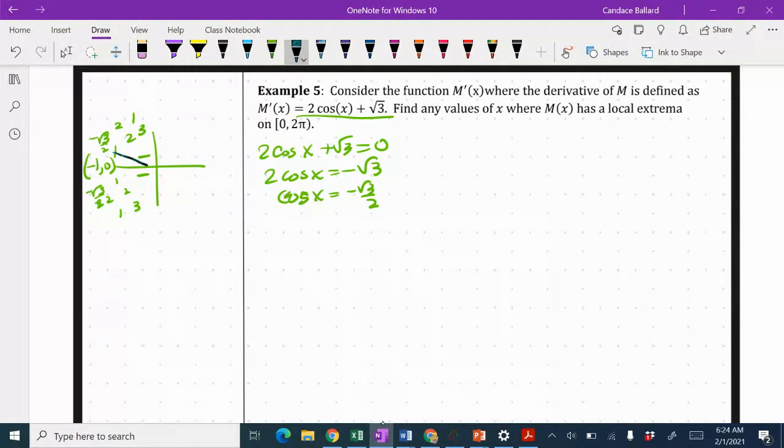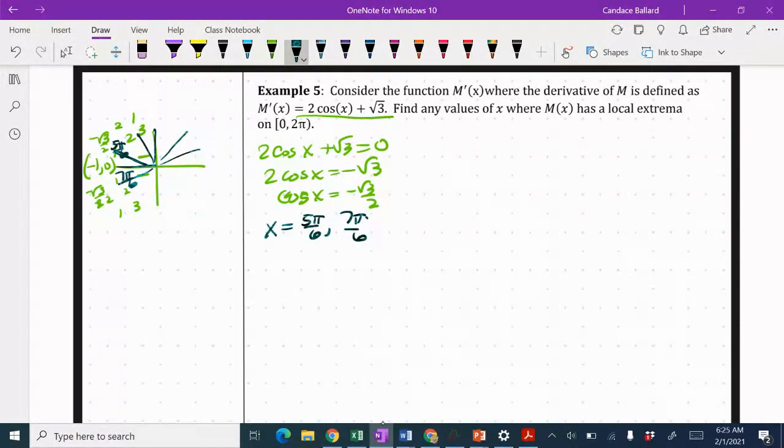This is a pi over 6, so 1 pi, 2 pi, 3 pi, 4 pi, 5 pi over 6. And then this is 6 pi over 6, 7 pi over 6. So x equals 5 pi over 6 and 7 pi over 6.